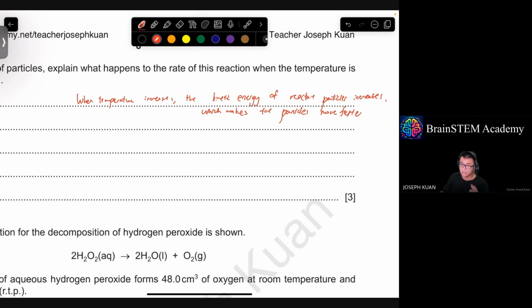All right, then you can talk about how that leads to greater collision frequency as they start to move faster, which means they collide more. And in turn, it leads to greater successful collisions. Or you can just say that there will be a greater fraction of particles possessing activation energy.